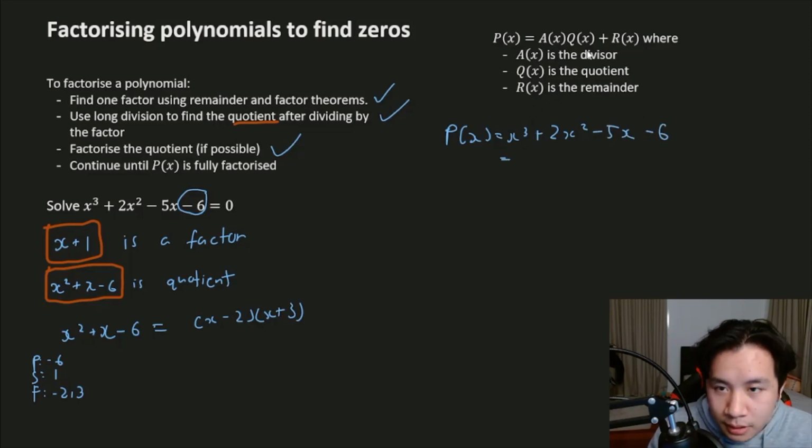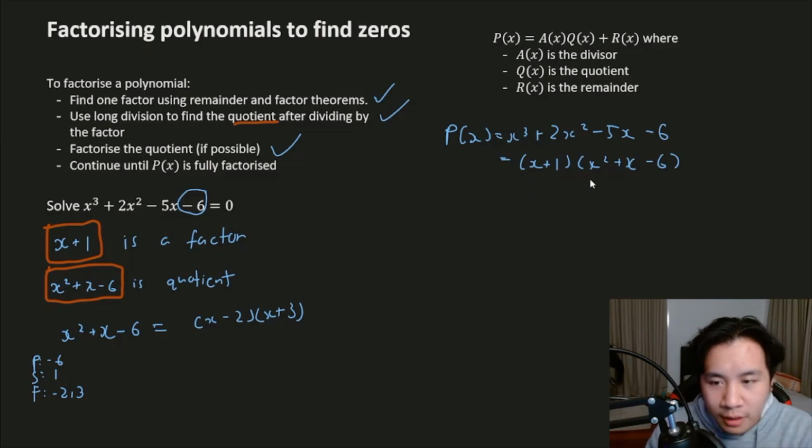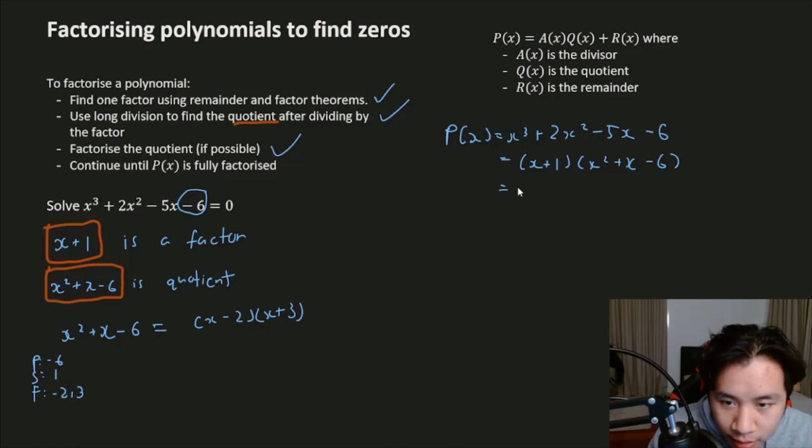This can be expressed as x plus 1 times x squared plus x minus 6. We've already factorized this as well, so this can also be broken down into x plus 1, x minus 2, x plus 3.